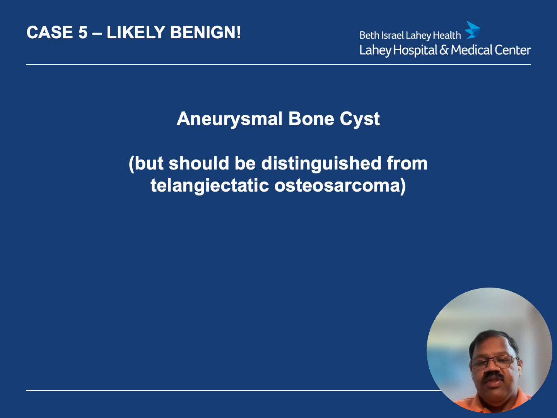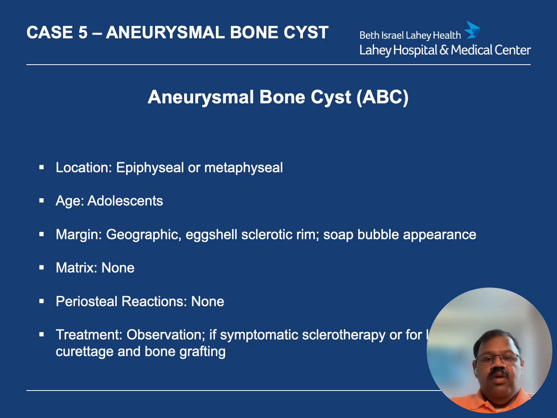But aneurysmal bone cysts can oftentimes present in a very similar fashion to telangiectatic osteosarcomas, so you have to be careful there. Certainly, based on the original radiographs, this was quite concerning and not unusual for a benign but aggressive lesion like an aneurysmal bone cyst.